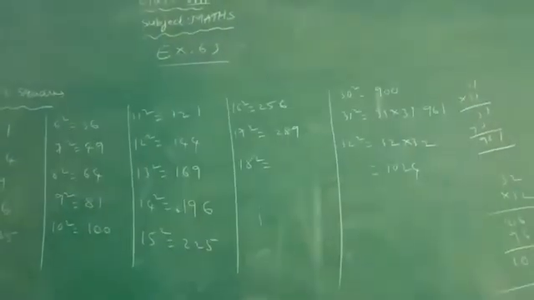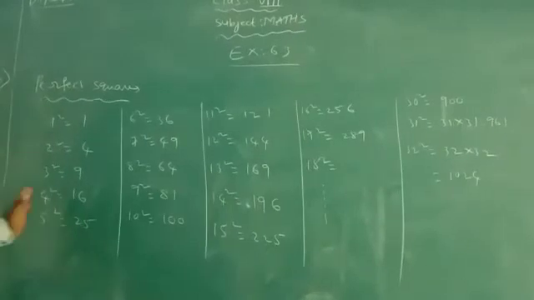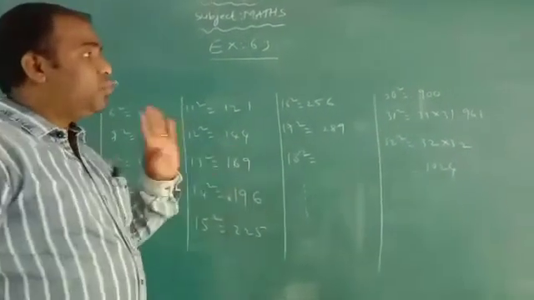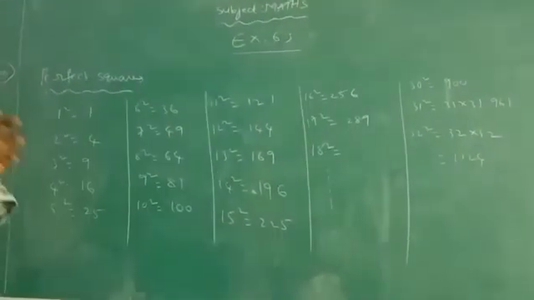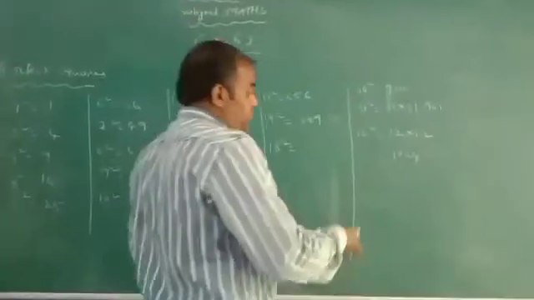This is very easy. Otherwise you check number 1 square, 2 square, 3 square like so. See, we require a 4 digit perfect square. First of all, what is the 4 digit least number?